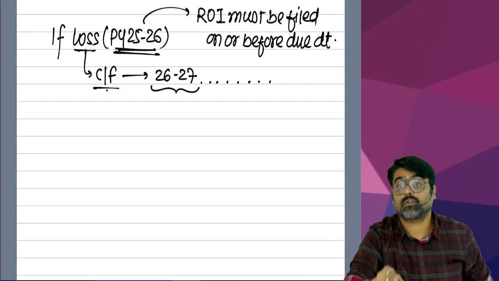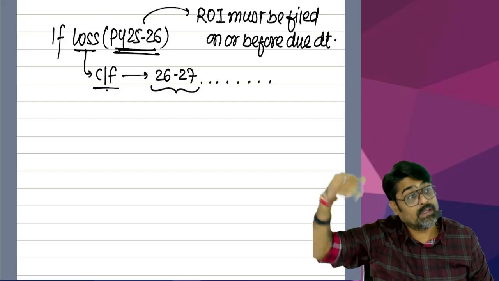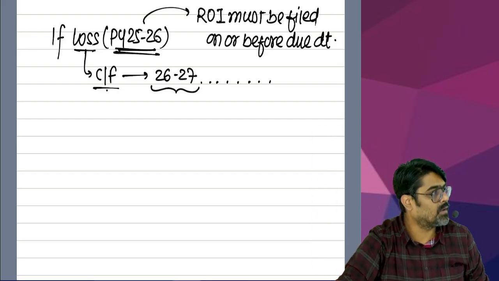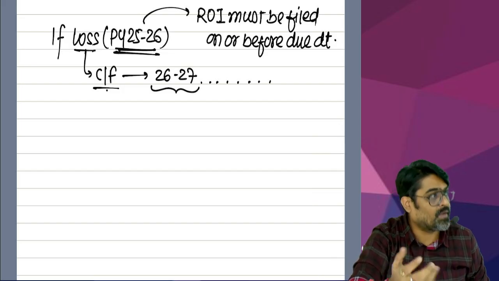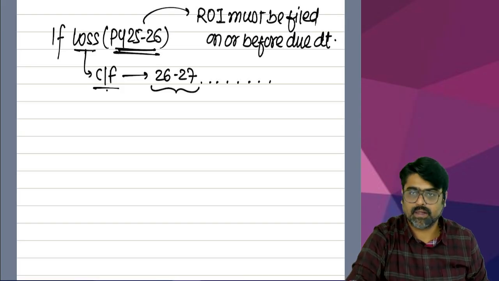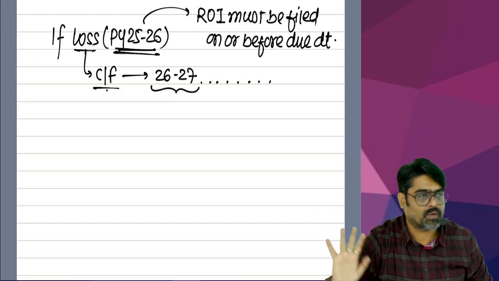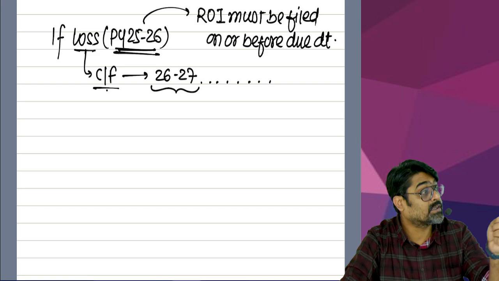Only then these losses will be carried forward to subsequent years and will be eligible for set off later on. Yes or no? But if that loss return was not filed on or before the due date of filing your ROI, then the losses of that year cannot be carried forward. Those losses will lapse. That is given in section 80.